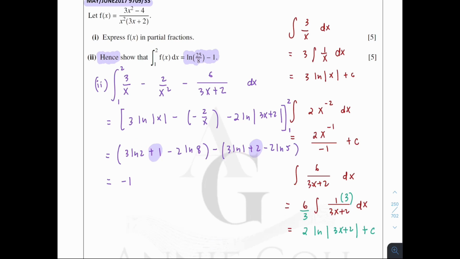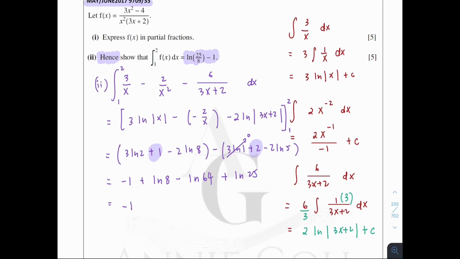So 3 ln 2 becomes ln 2 power 3, which is 8, and minus ln the 2 bring up, 8 power 2 is 64, and ln 1 here is actually 0, and the last term negative becomes positive, and the 2 here bring up, it becomes ln 5 power 2 is 25.